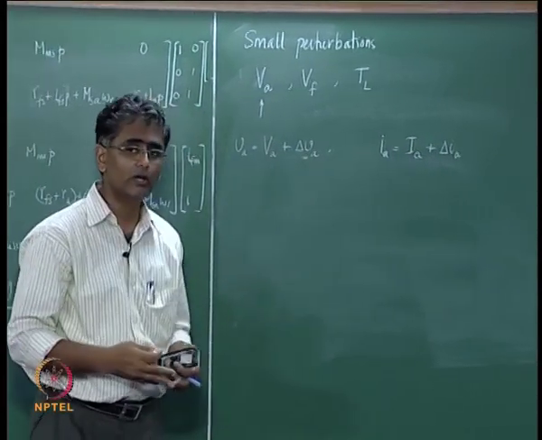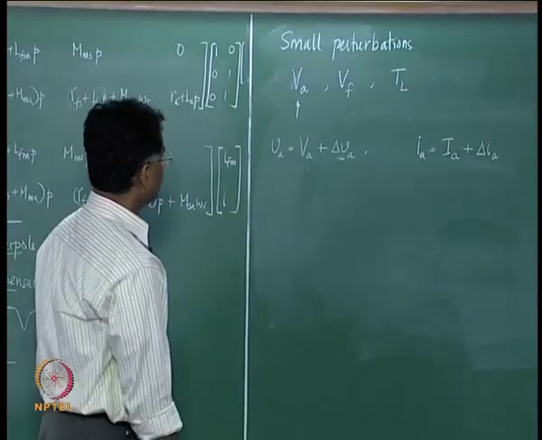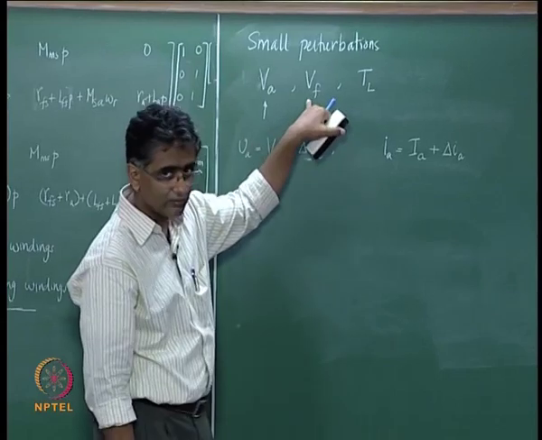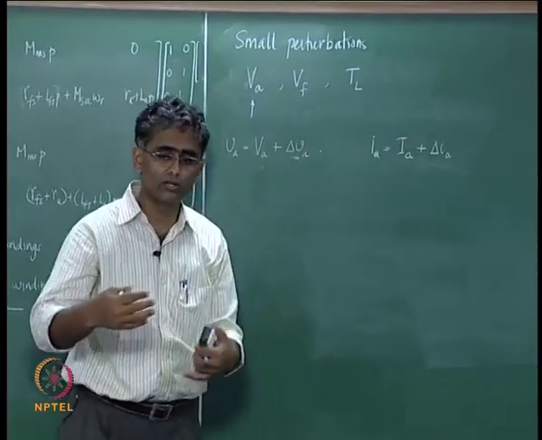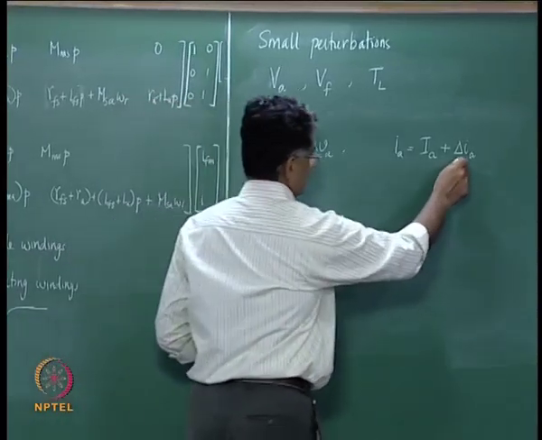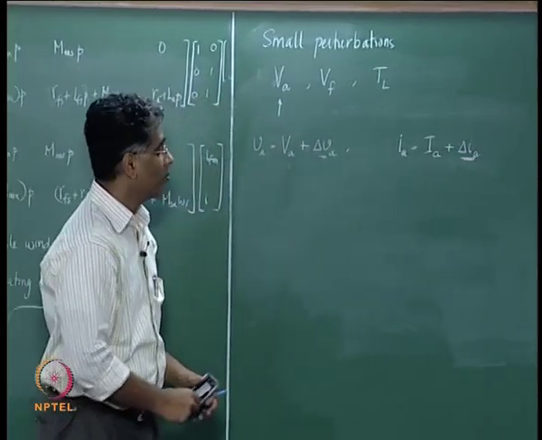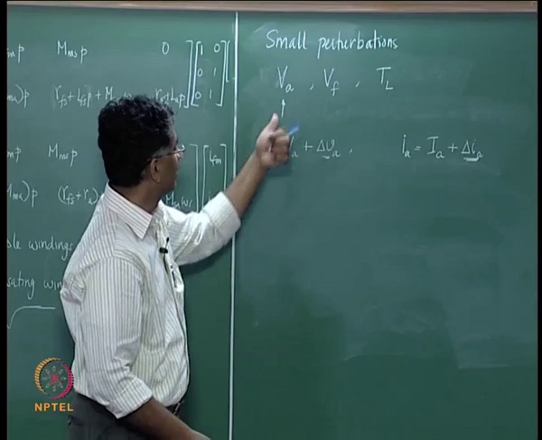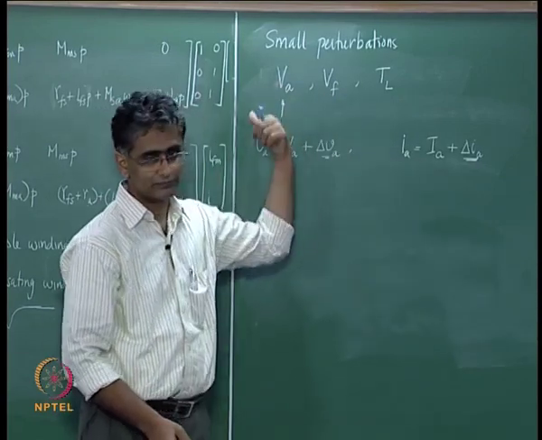Now, this is only one way in which a disturbance could be applied. You could have a disturbance in the field voltage, or you could have a disturbance in the load torque. On the load there may be some disturbance applied. So, the disturbance response delta IA may be a result of disturbance applied at any of these inputs.